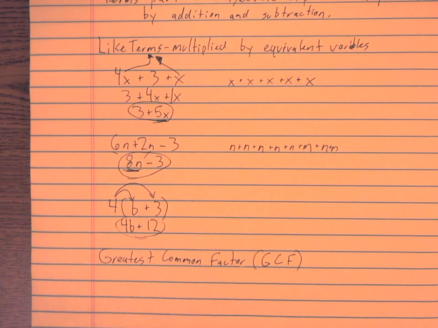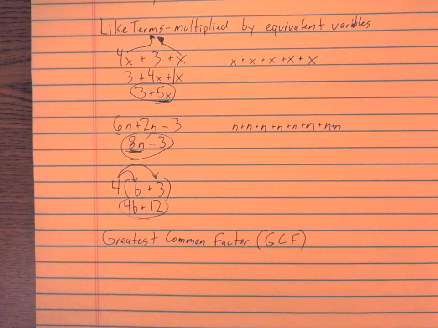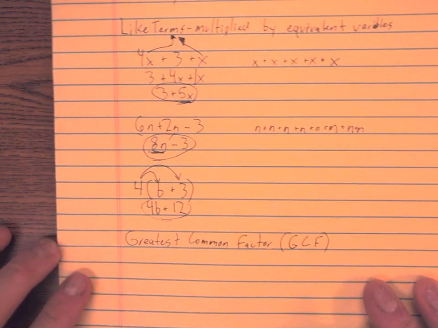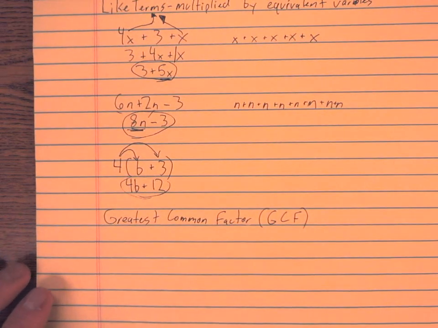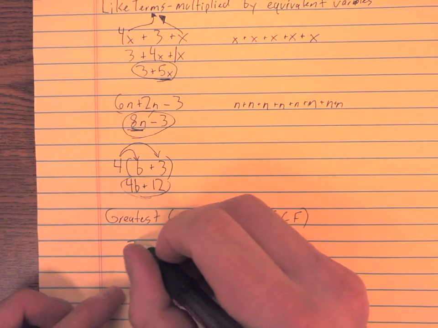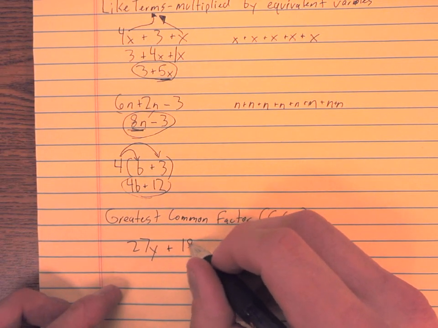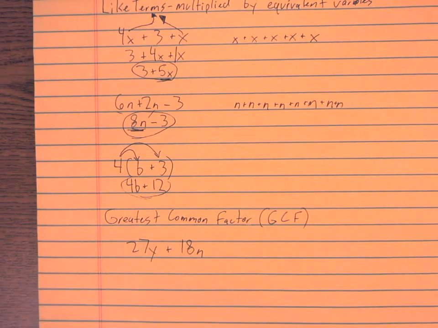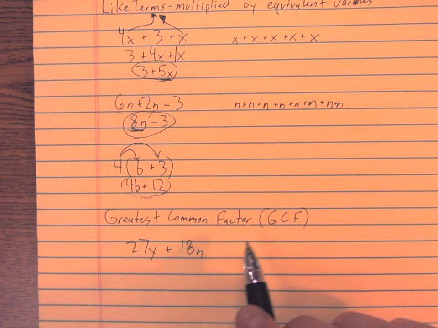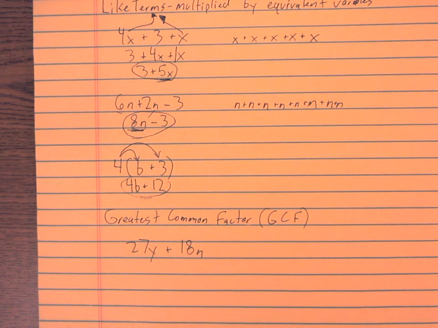When looking for our GCF, maybe we're given an expression and told to find another expression that's equivalent to it. So if I'm told I have 27y plus 18n, what I have to do is find my greatest common factor. My best way of doing this is creating a factor tree.